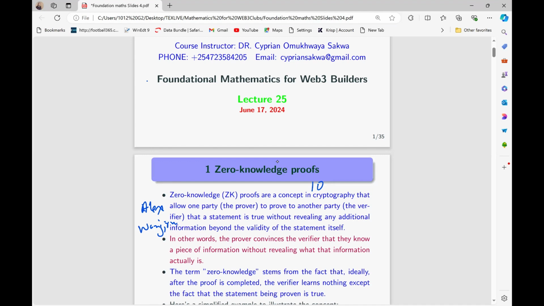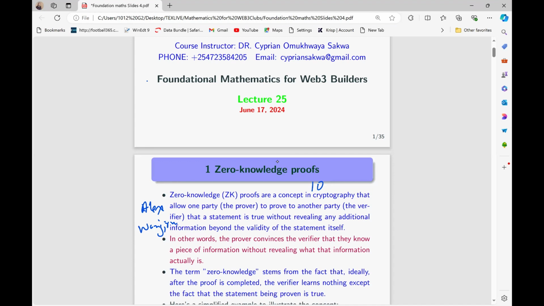Now they have started the process of verifying. Alex is the verifier, and Wanjiru is the prover. The prover is the person who has that information but does not want to reveal what it is.